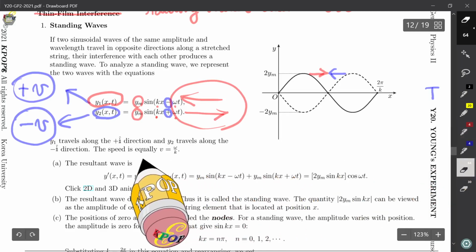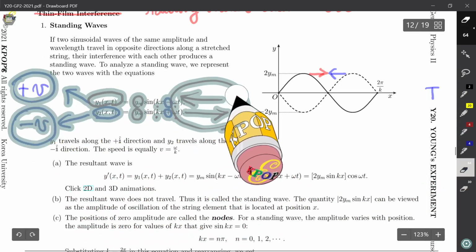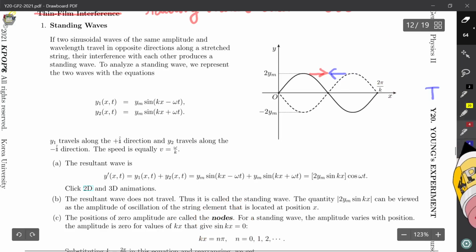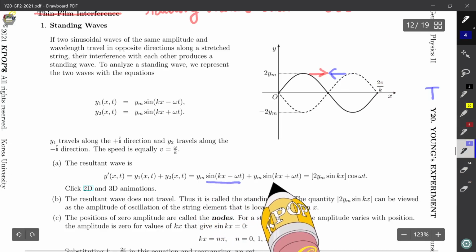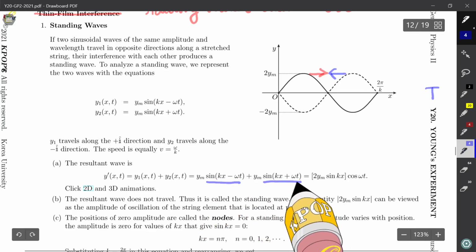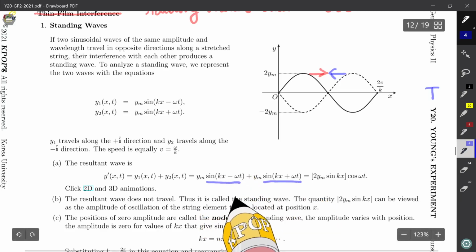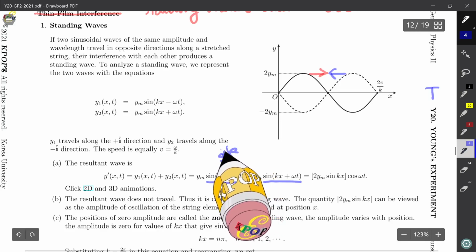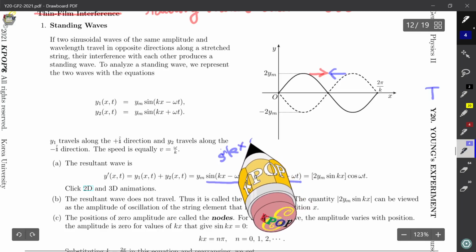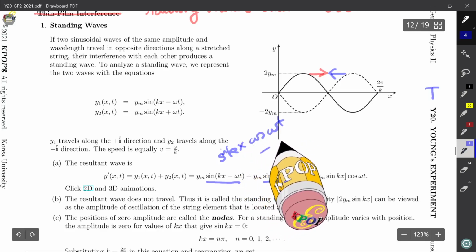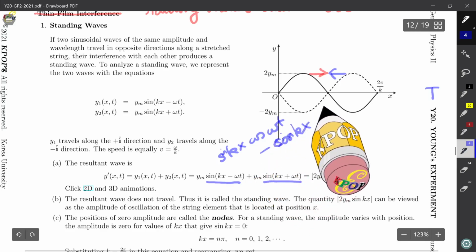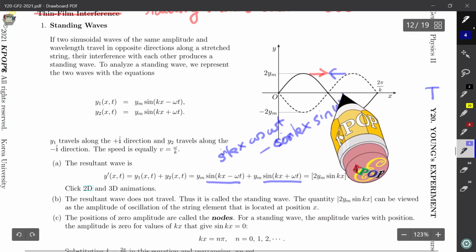If we sum the two waves, one is sine of kx minus omega t, the other is sine of kx plus omega t. This one can be expressed as sine kx cosine omega t minus cosine kx sine omega t.